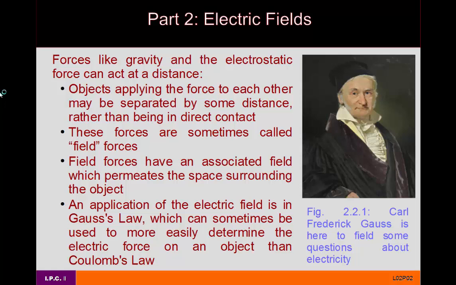And basically what this means is that we can associate some field with these forces which permeates the area surrounding the object. And in fact, for the two that we've encountered so far, gravity and the electrostatic force, the field in question permeates all of space around the object, and the strength of the field gets weaker as you get farther away from the object. So the strength falls off like 1 over r squared.